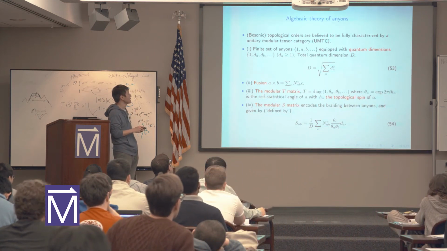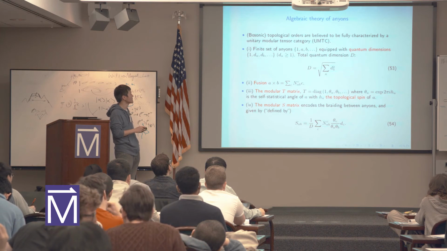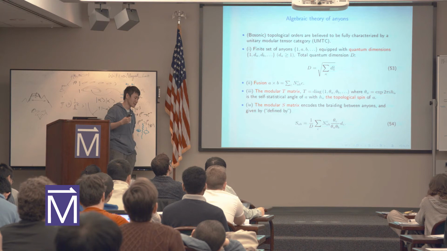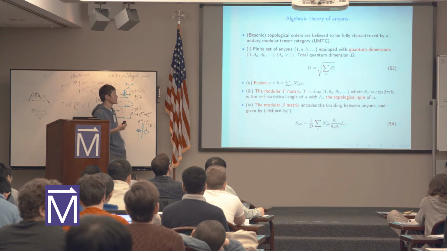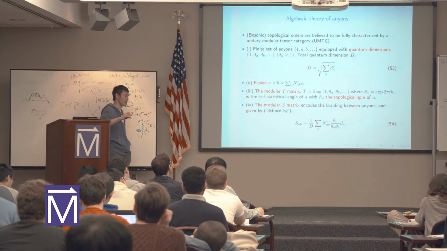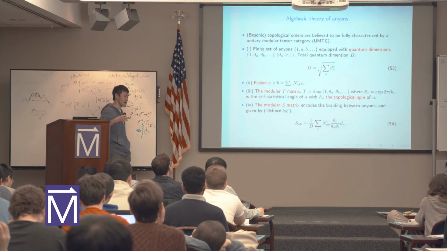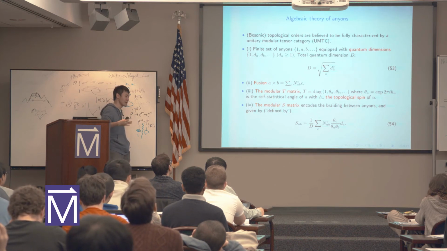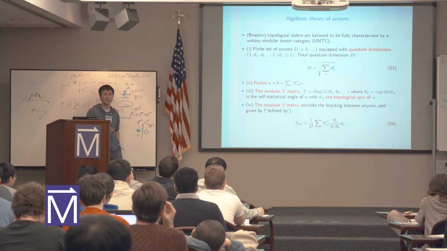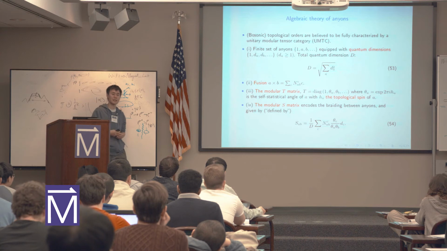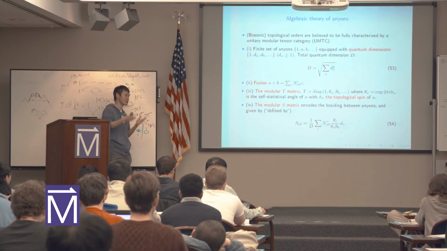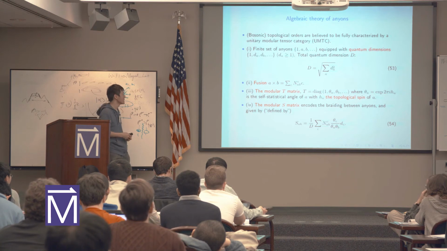The first property I want to specify is the quantum dimension. Each particle has a particular dimension associated with it. Roughly speaking, this dimension measures the non-abelian nature of anyons. If the quantum dimension is 1, these are abelian anyons. If the quantum dimension is larger than 1, we call them non-abelian anyons.